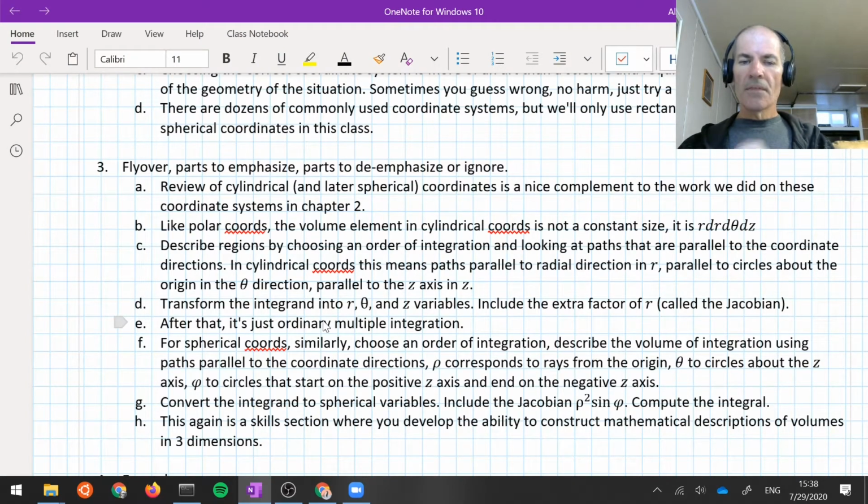The big takeaway here, or one of the two big things. Number one, we need to be able to describe regions of integration in these different coordinate systems. And number two, we need to understand this extra factor.